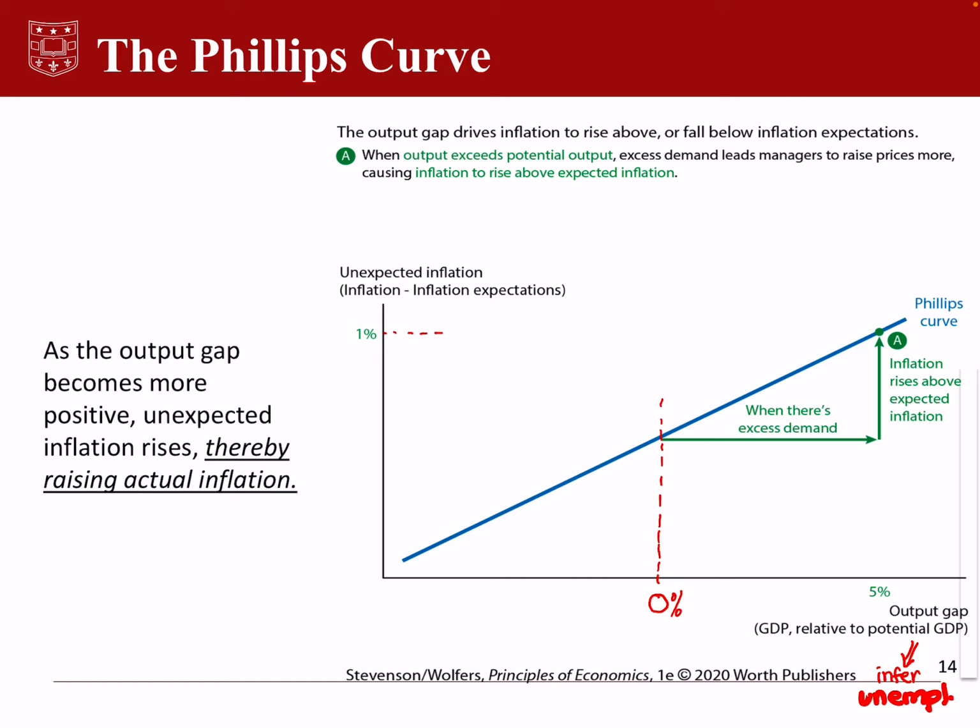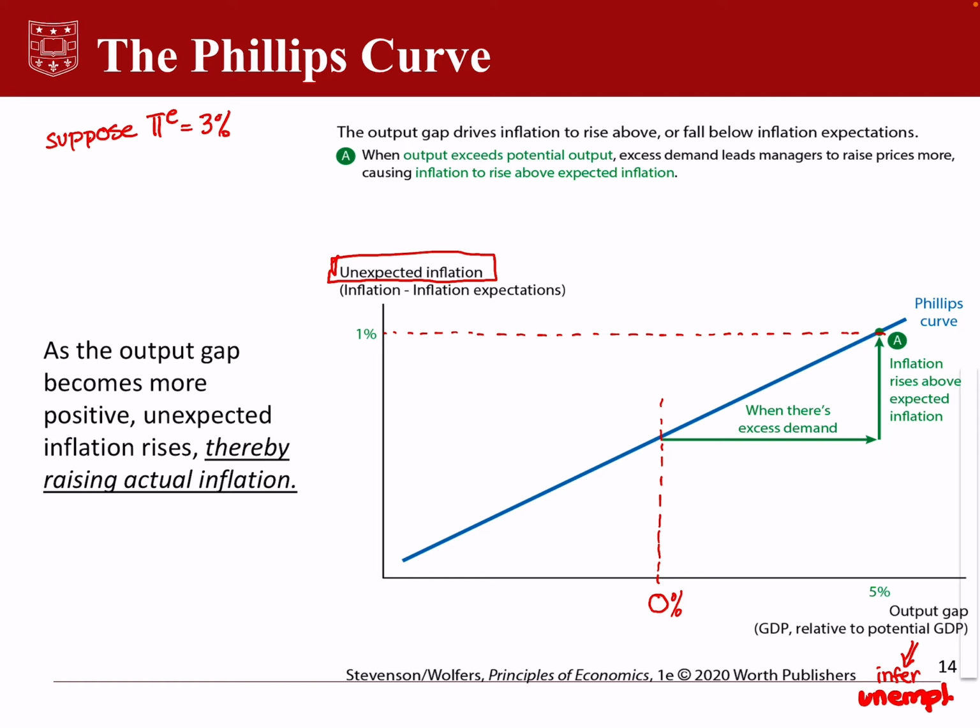So in this particular picture, we see that unexpected inflation, which is what's sitting here on the vertical axis, is, say, 1%. So in other words, in this particular example, we could say, suppose expected inflation is 3%.